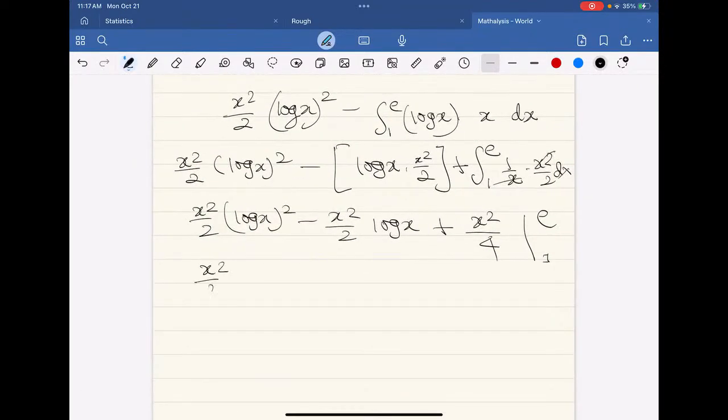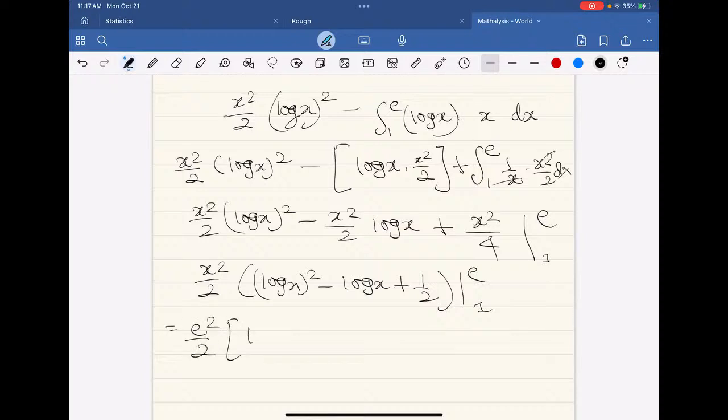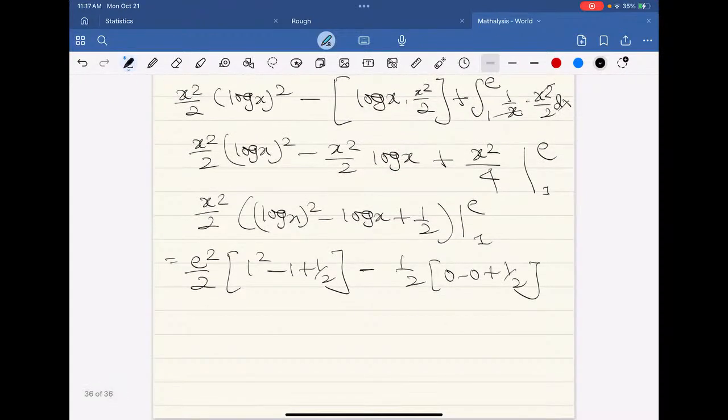This will just be x^2 by 2 times (log x)^2 minus log x plus 1 by 2, going from 1 to e. So this is just e^2 by 2. Log of e is 1, so 1 squared minus 1 plus half, and then minus 1 by 2. This is 0 minus 0 plus half, right?